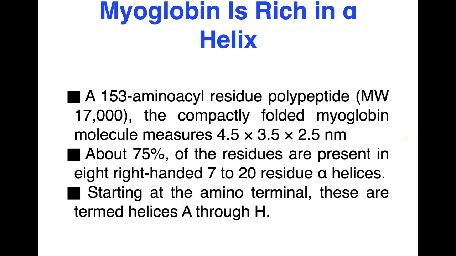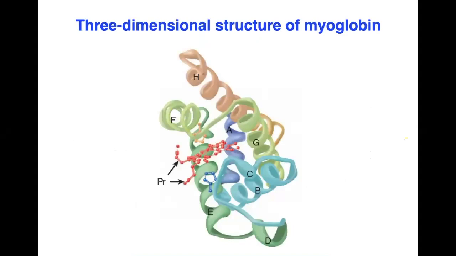Now, when we talk about the biochemical structure of myoglobin, your alpha helices will be labeled from letter A to H. Since there are 8 alpha helices, they are labeled as helices A, B, C, D, E, F, G, and H. Now here, this is lifted from your textbook: the 3-dimensional structure of myoglobin.